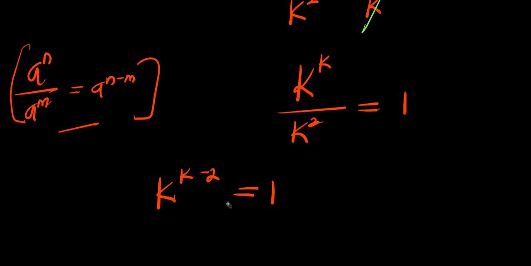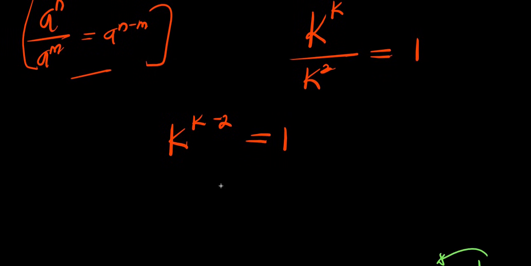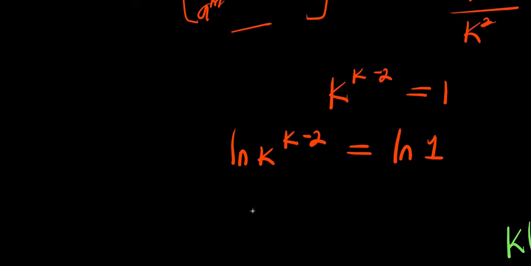So from here, we can then apply natural log. Natural log of k power k minus 2 equals natural log 1. And from here, remember the property of natural log: a power p equals p times natural log a.